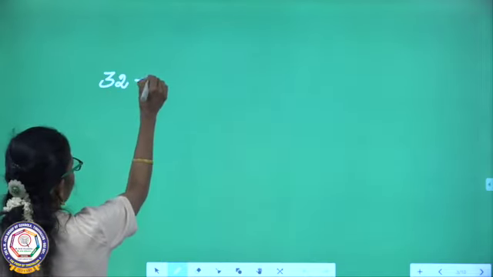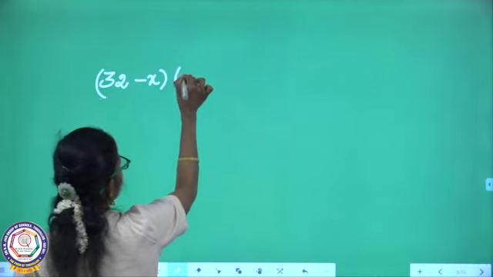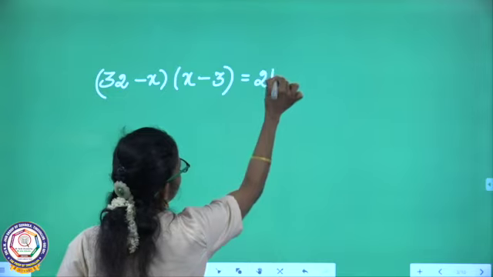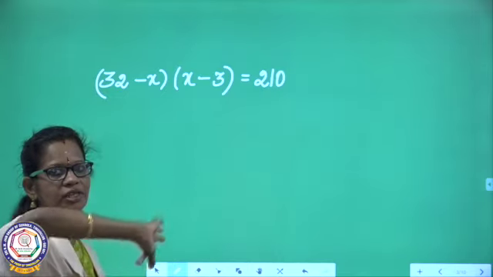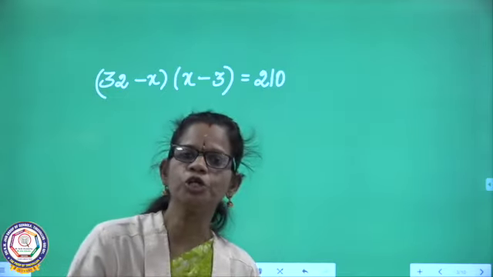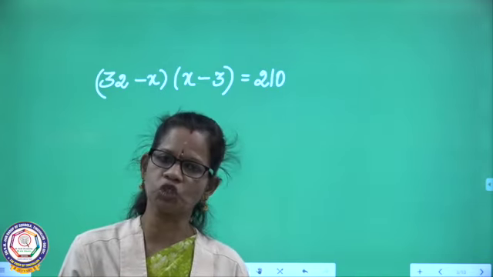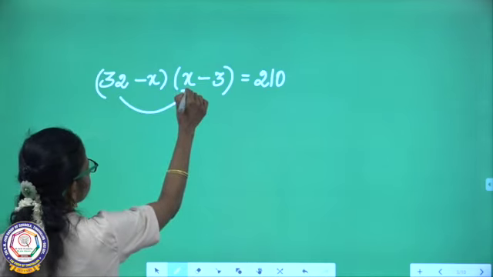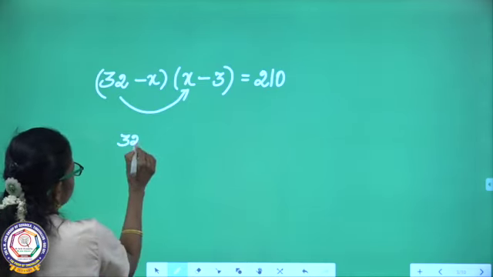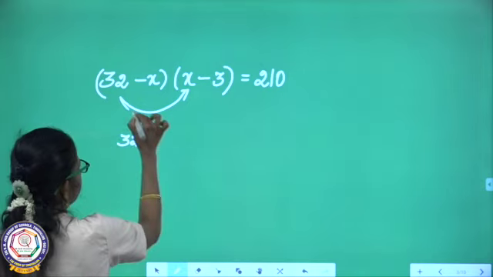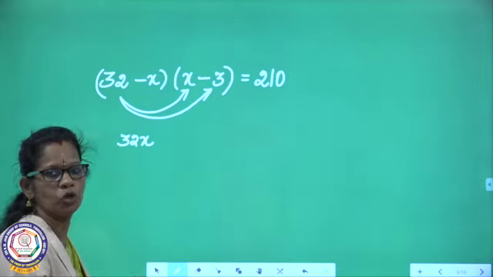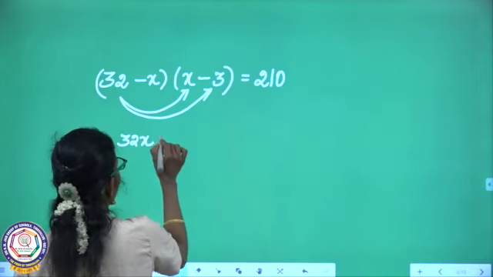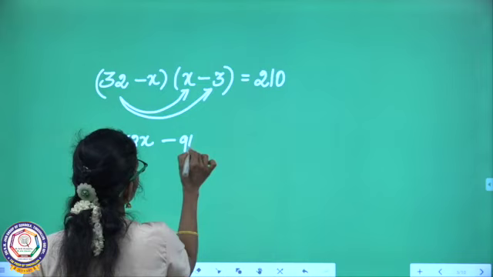(32 minus x) into (x minus 3) equal to 210. Everything we completed. Now we are going to make it a quadratic, then we can solve, right? Now 32x minus 32 into 3, 3 2s are 6, 3 3s are 9, so you will get 96.